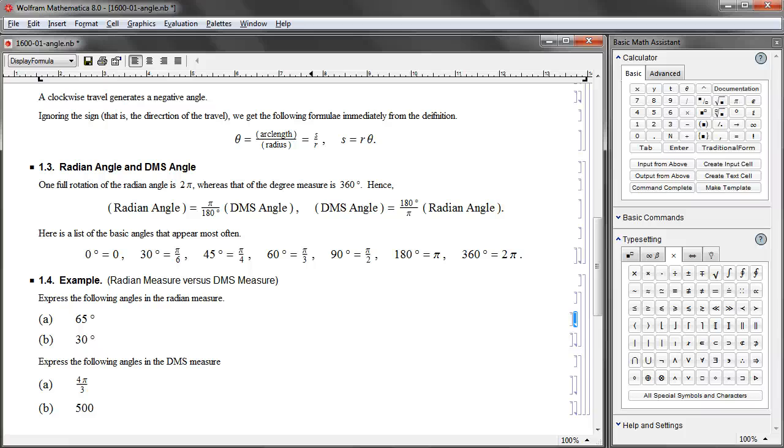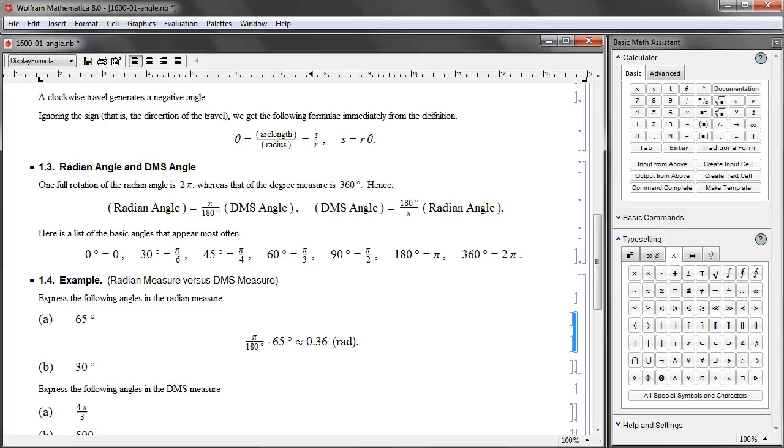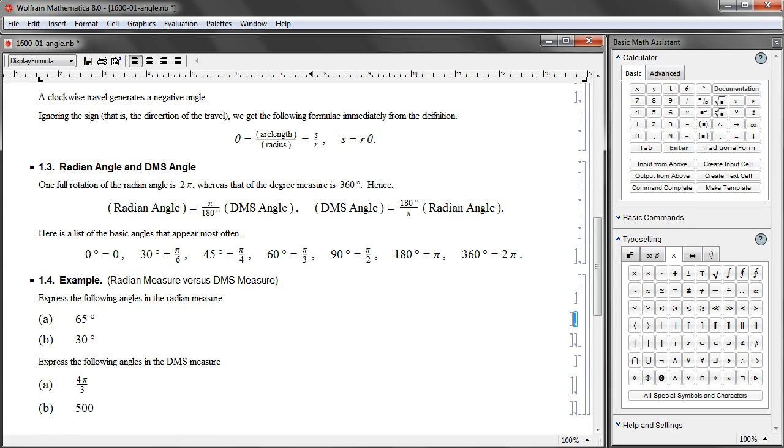65 degrees. How can you express this in radians? Well, 180 degrees and 65 degrees cancel each other, and we end up with pi times 65 over 180, and after plugging in pi as approximately 3.14, we get the radian measure. Please note that degrees cancel each other out, and then we usually gain pi.